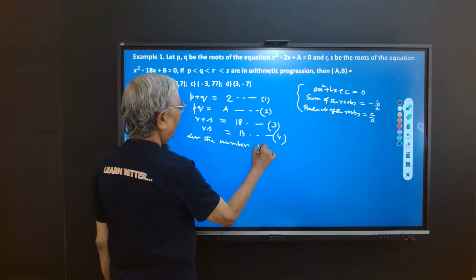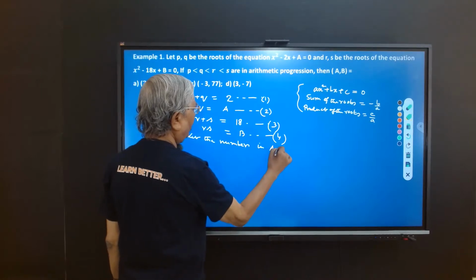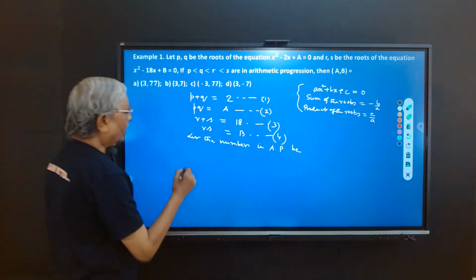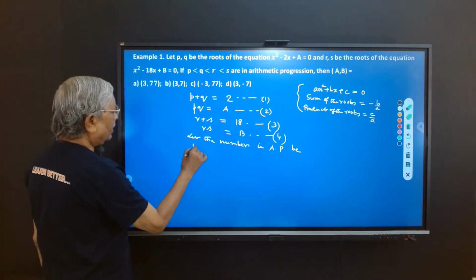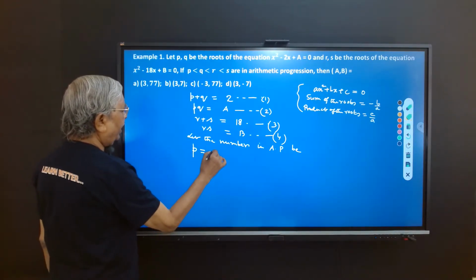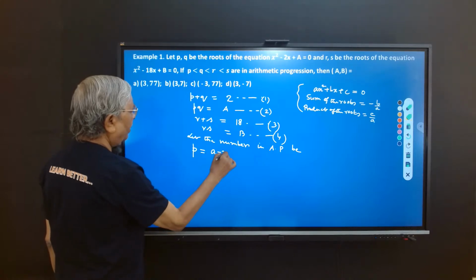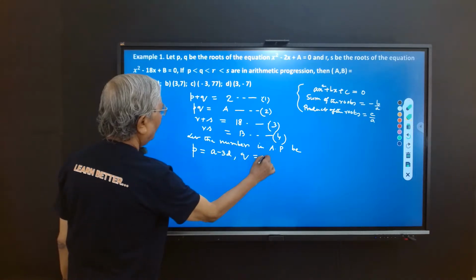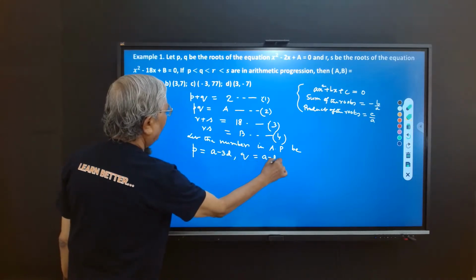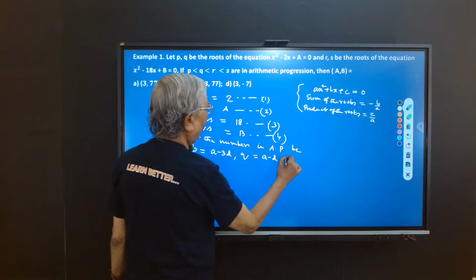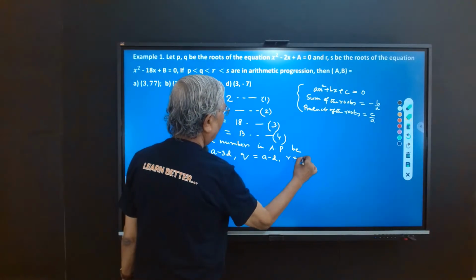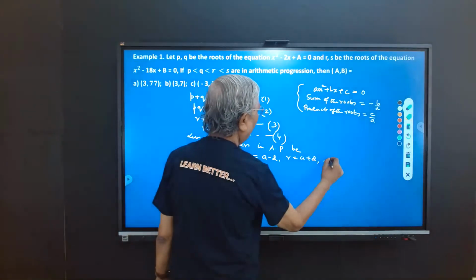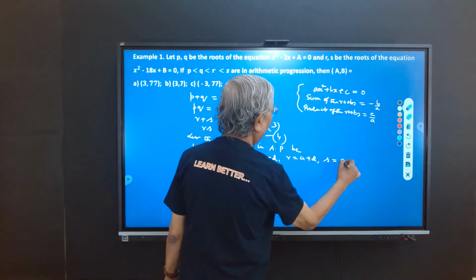Four numbers in AP, we write in this way: a minus 3d, a minus d, a plus d, and a plus 3d.